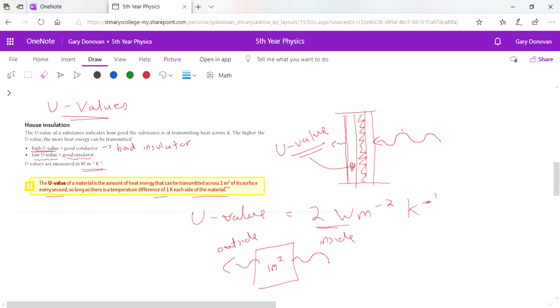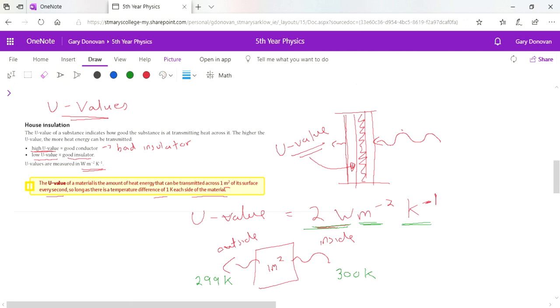Now this per Kelvin means for every Kelvin difference in temperature. So what I mean by that, and this is hard to get your head around, let's say the temperature here is 300 Kelvin and the temperature here is 299 Kelvin. There's a 1 Kelvin difference in temperature here. So that means every 1 meter squared will lose 2 watts of energy for every 1 Kelvin difference.